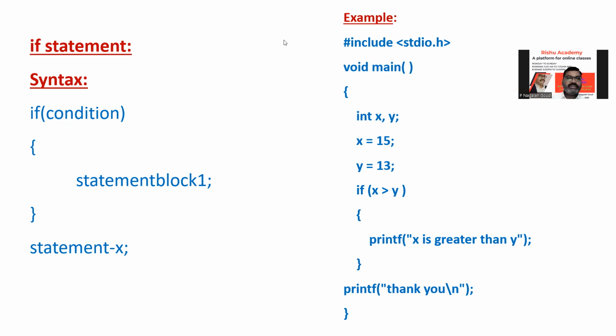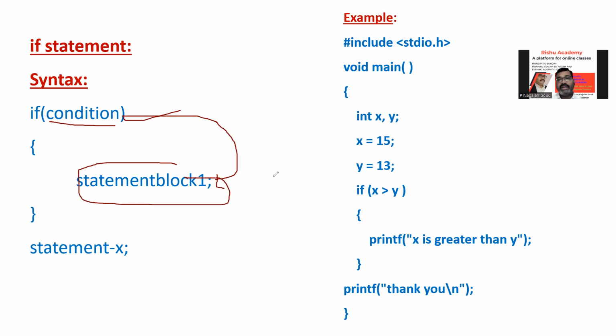Look at the screen, this is the general syntax, or general form, of the if statement. Here is the condition. We need to test the condition first. If the condition is true, then execute statement block 1, the statement block inside, or immediately after, the if statement.